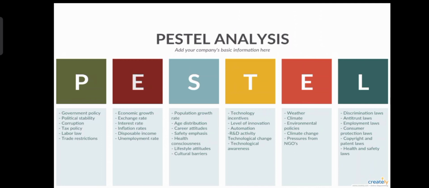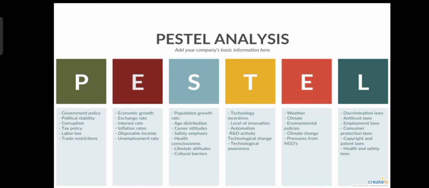It can also help, for instance, when the company plans to enter a new country, venture to a market or region, because it has to see the big picture of the environment.